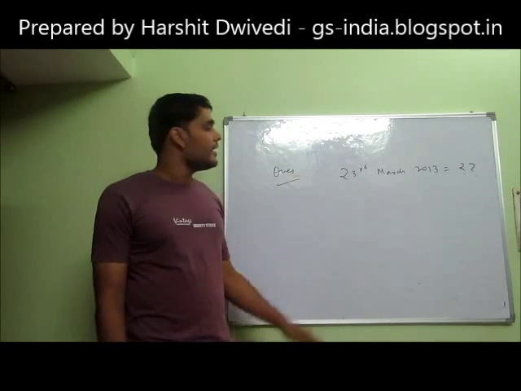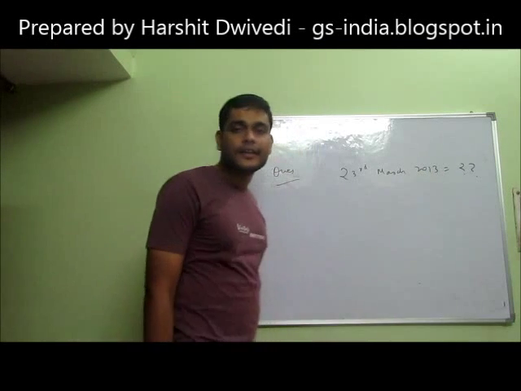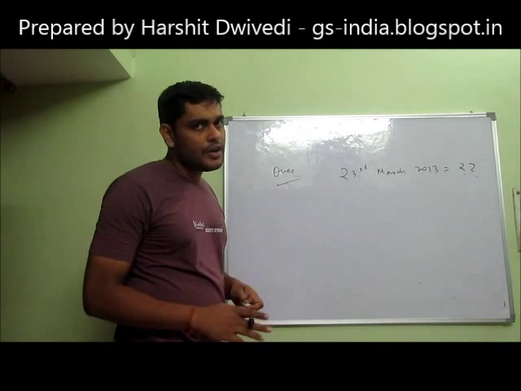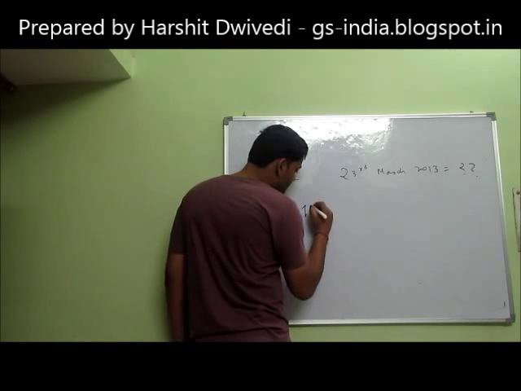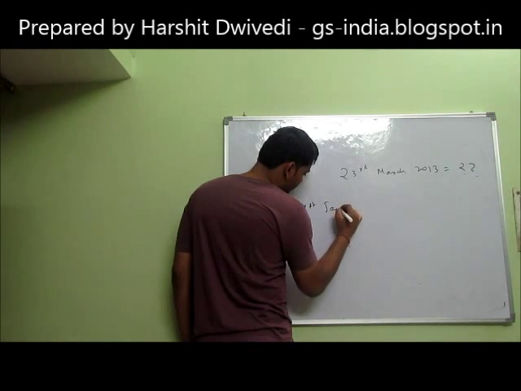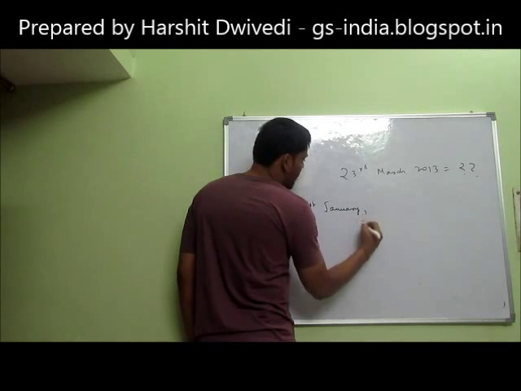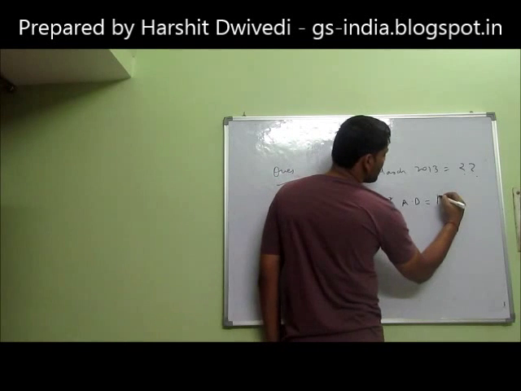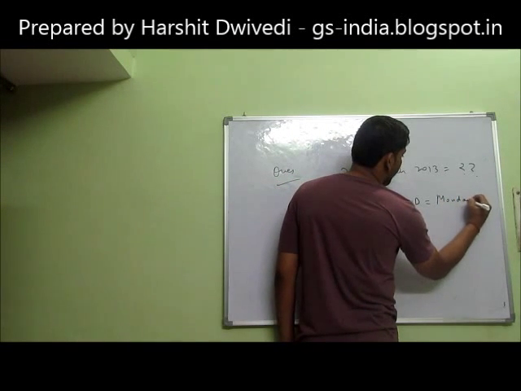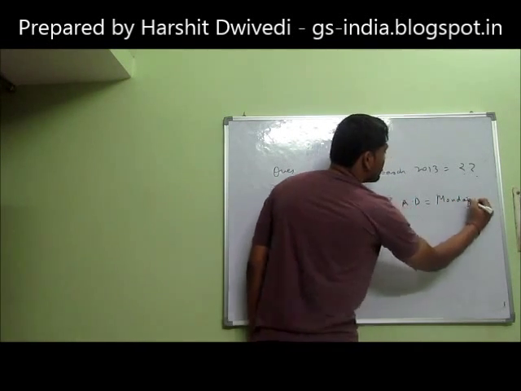In this case, in order to solve questions like this, I have to make an assumption, and that assumption is that on 1st of January, 1st AD, the day was Monday. This is our assumption.